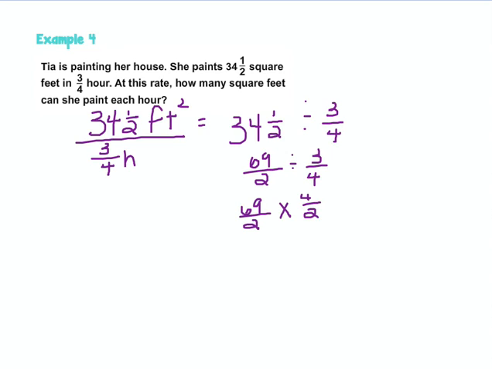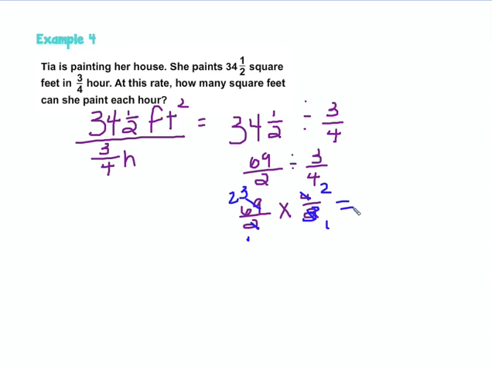So let's see if we can cross cancel. I know I can cross cancel 2 and 4. This becomes a 1, and this becomes a 2. I'm sorry, this is a 3 over here. This should be a 3. I can cross cancel 3 and 69. This becomes a 1, and this becomes a 23.